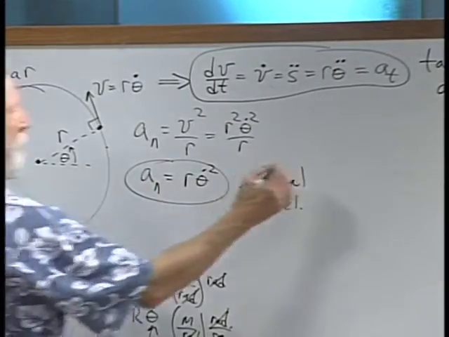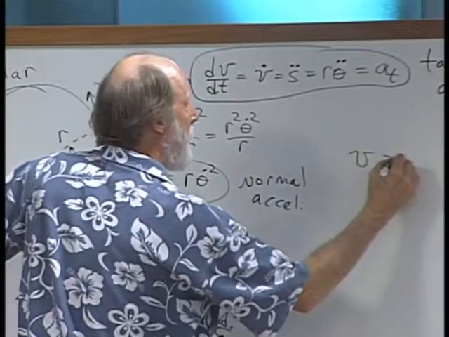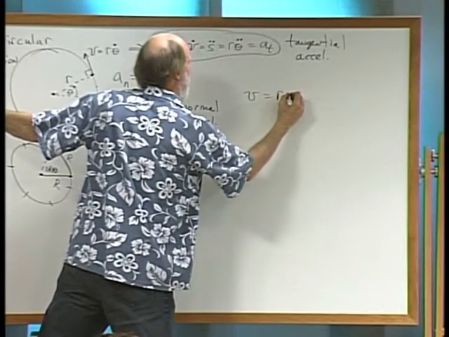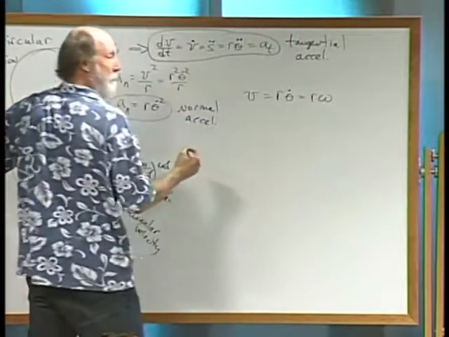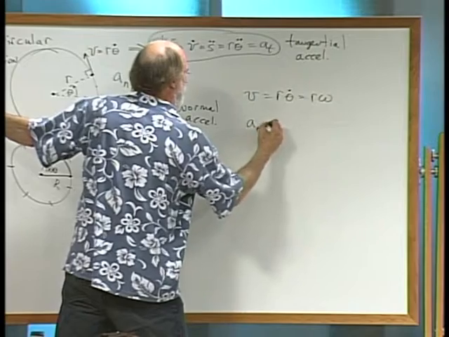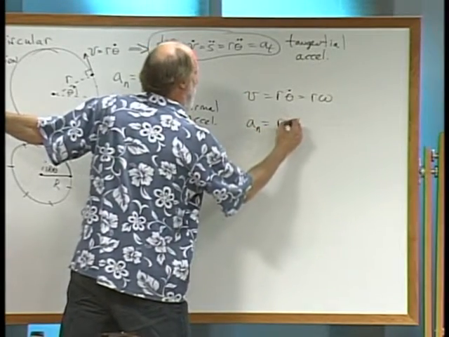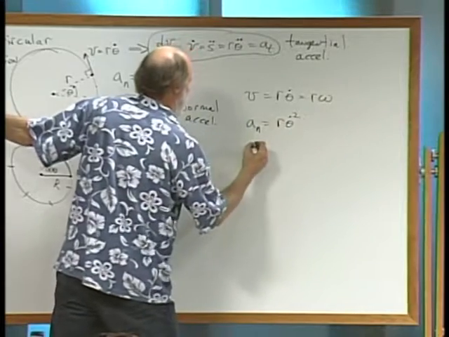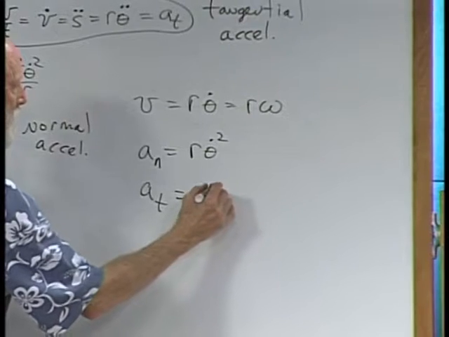So for circular motion, the speed is equal to r theta dot, oftentimes written r omega, and the acceleration has two components: r theta dot squared for normal, and r theta double dot for tangential.